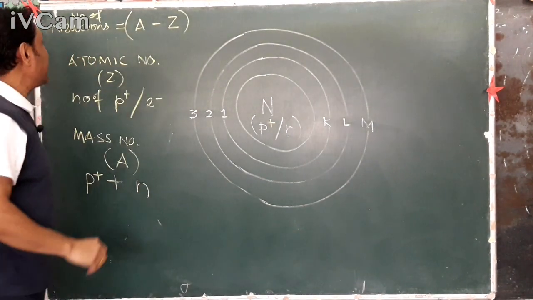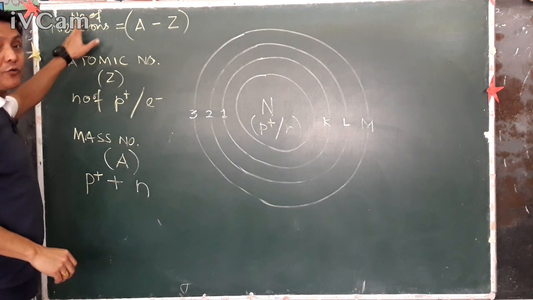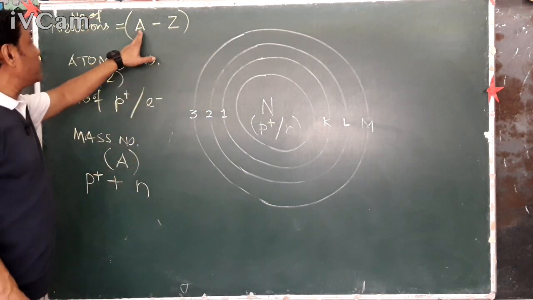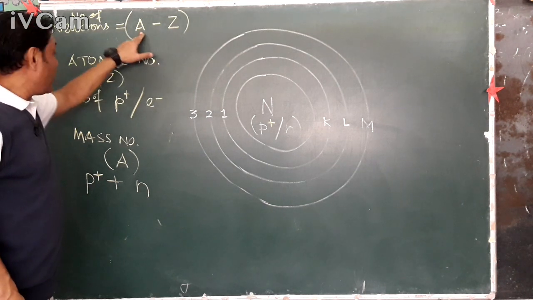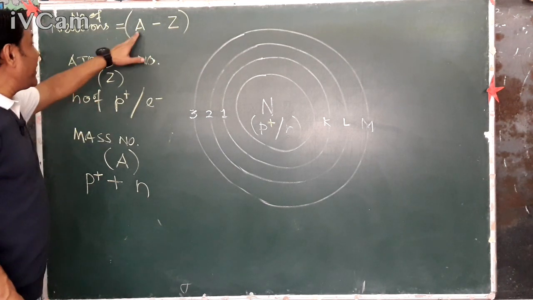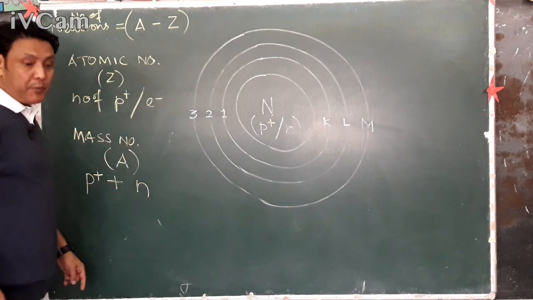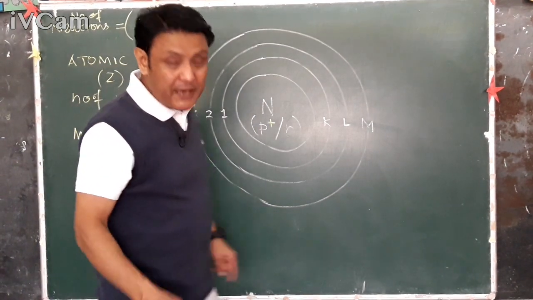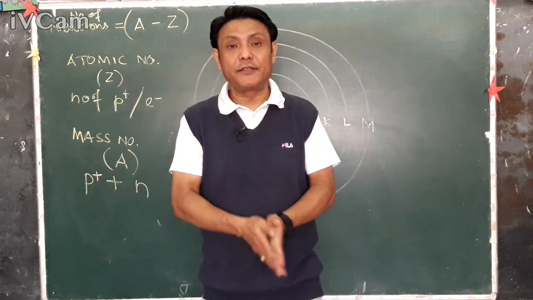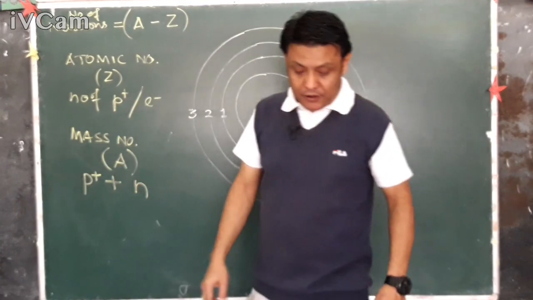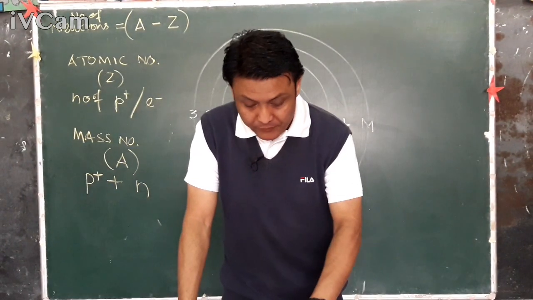It's very, very simple. So the number of neutrons in the nucleus of an atom is equal to the mass number minus the atomic number.